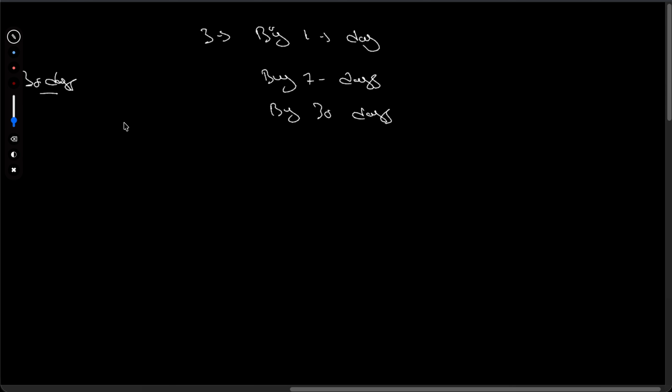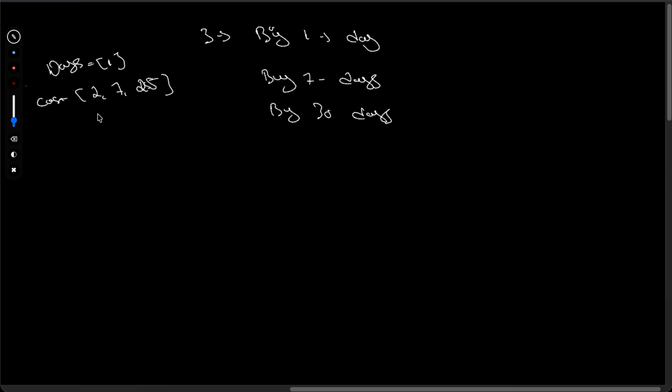Now let's understand with an example. Let's take a small example: the days array is 1, and the costs array is 2, 7, 25.